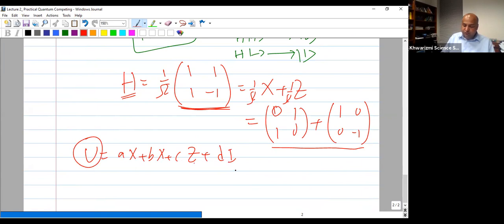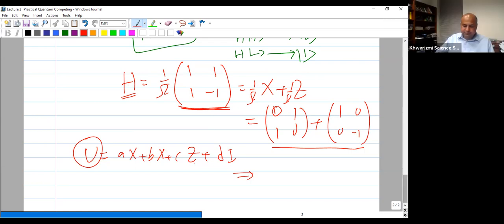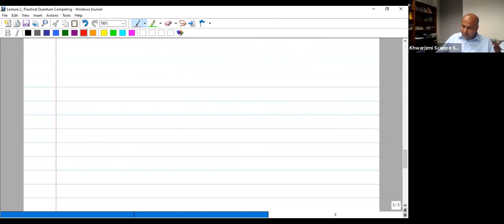From here, you get four equations, because there are four numbers on both sides. So equate the left side and right side, and you have four equations and four unknowns. You should be able to solve for these a, b, c, d. Okay, so a sort of simultaneous equation solution. Right, right. Thank you so much, sir.